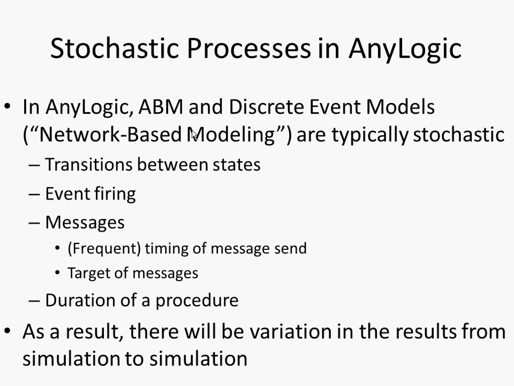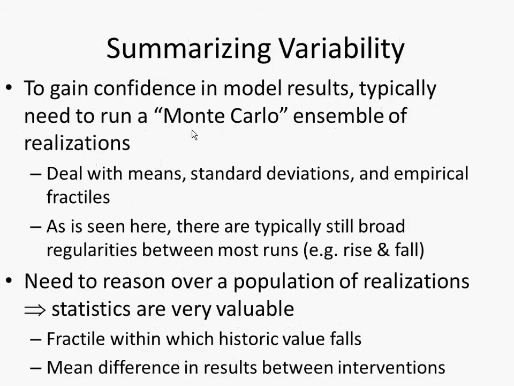But there'll be differences in the vagaries of who happened to get infected before whom, and that sort of thing. So event firing, to whom a message is sent, the duration of some procedure that's undertaken. Generally, there's variation from simulation to simulation associated with these things.